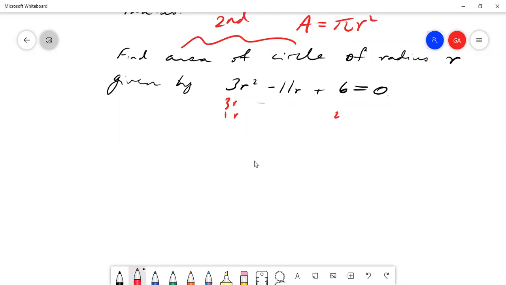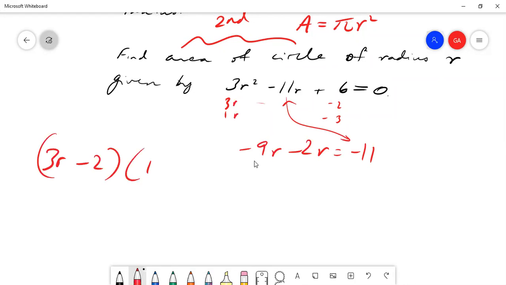So I think a good option would be maybe what here? 3 and 2, right? -3 and -2, because 3r times -3, that's -9r. And when I add that to 1r times -2, that's -2r. This gives me the middle term. And so I know that this is my correct choice, and then I read across. So I assume that everyone is comfortable with this now. This should be under your belts after that week we spent on quadratics. And so this is 0.